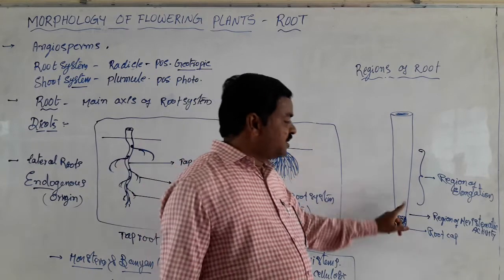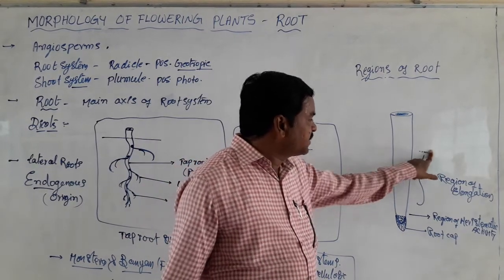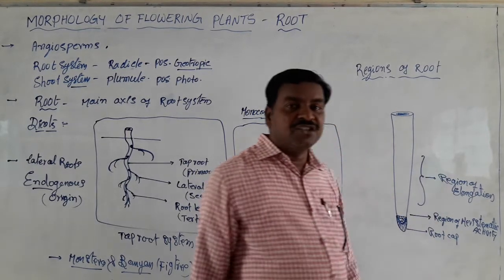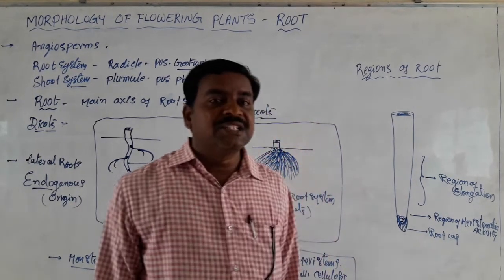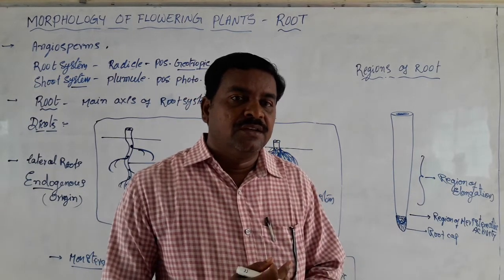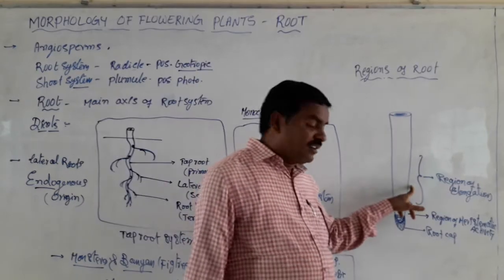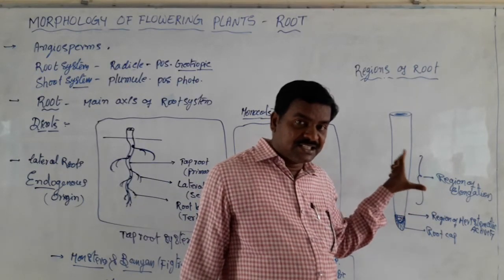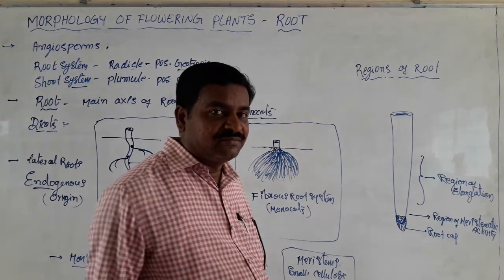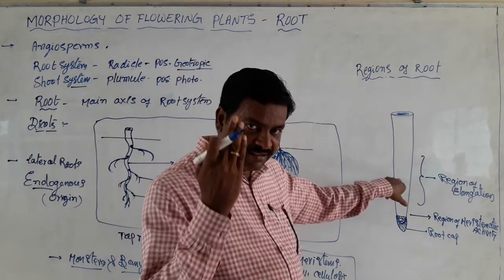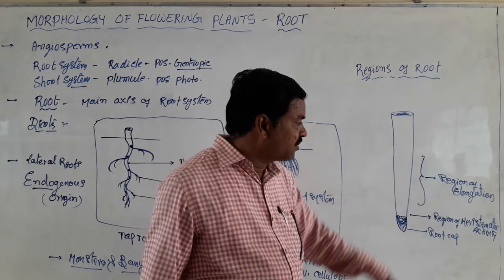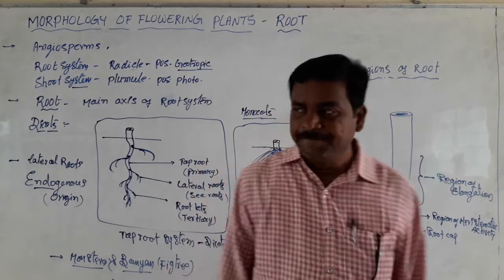Cells present in this region undergo rapid elongation and enlargement, and gradually they mature. Because of the rapid elongation and enlargement of the cells, this region is responsible for growth of the root in length. Such a region is called the region of elongation.